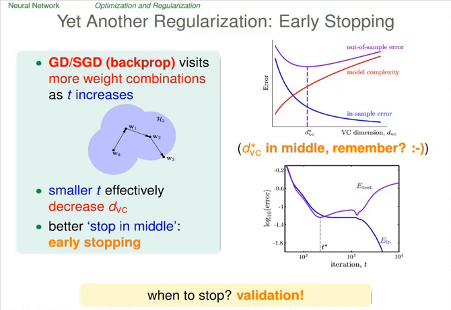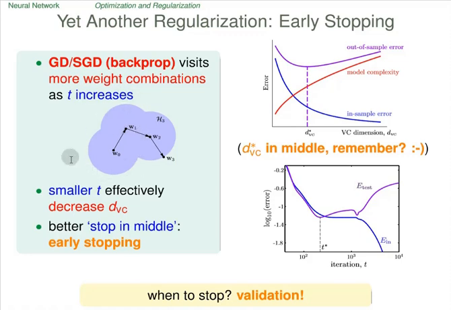Again, neural networks are very powerful. They tend to overfit easily because of the complexity of the model. One method for regularization that we will discuss here is based on early stopping. For instance, an iterative method such as gradient descent doesn't explore the entire hypothesis set at once.